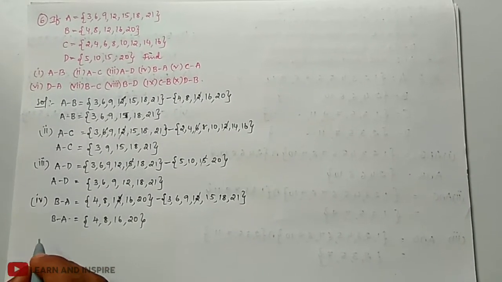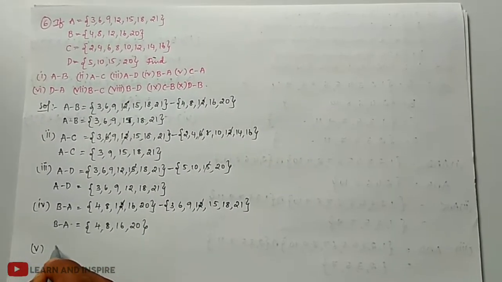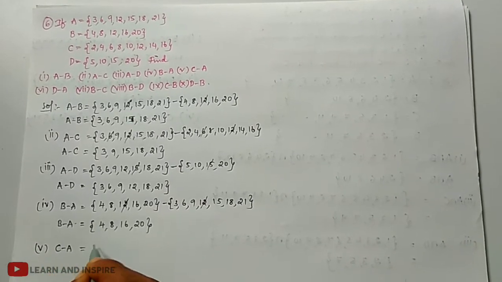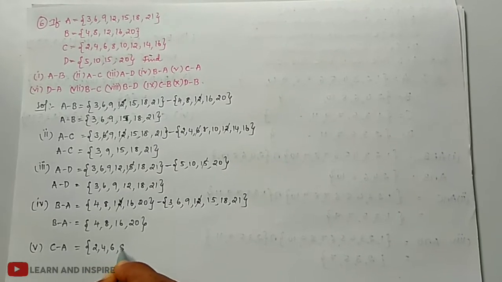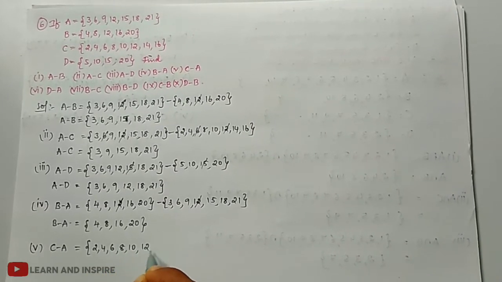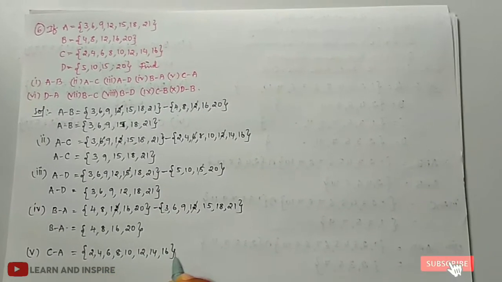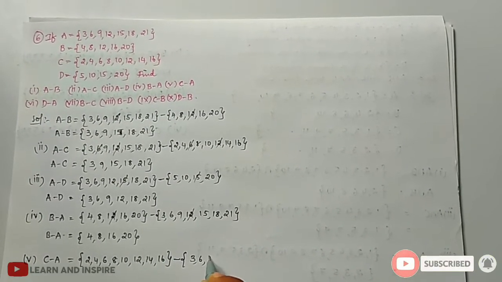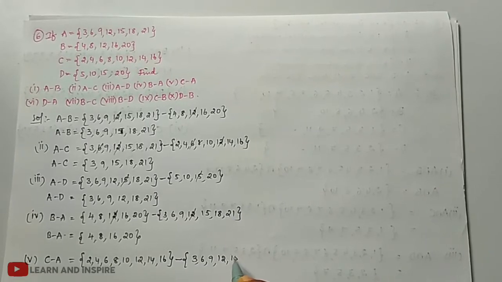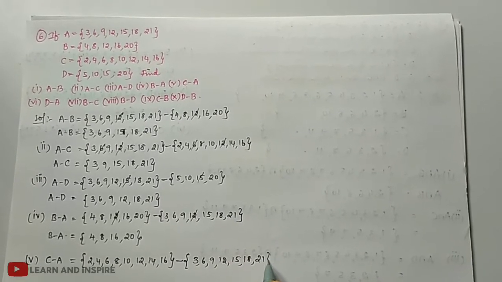Next one is C minus A. Fifth one, C minus A. C minus A is equal to C, 2, 4, 6, 8, 10, 12, 14, 16, minus the elements of A, 3, 6, 9, 12, 15, 18, 21.